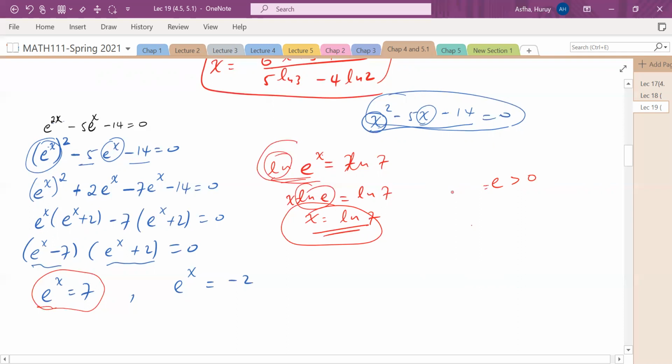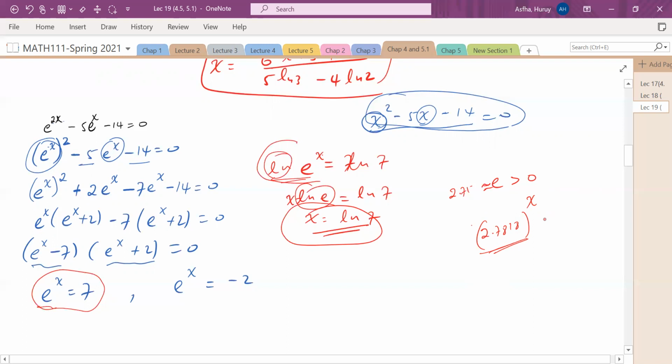It's approximately 2.71, something like that. So if we have 2.718 something to the power of a number x, will this ever be negative? Whether x is negative or positive, it doesn't matter. Can we make this whole number negative?